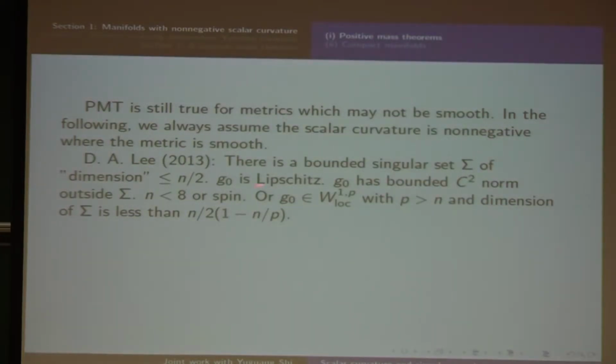When we say the dimension is less than or equal to n over 2, maybe we can just think of this as an embedded submanifold. We can discuss this in more detail later. Suppose n is less than 8, or the manifold is spin, then we can show that.